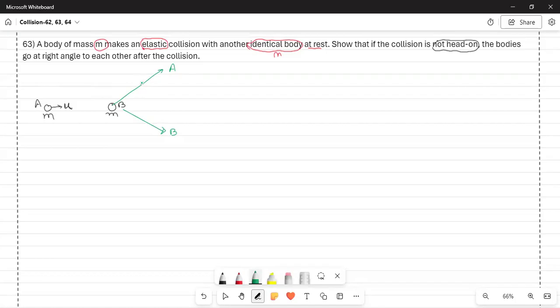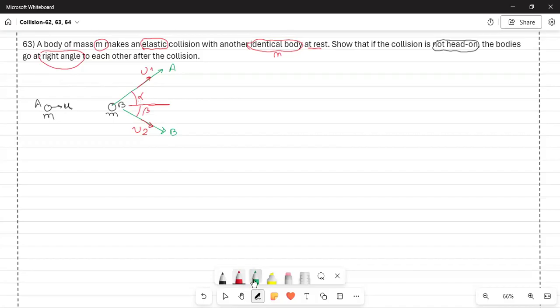Let us say this velocity is V1 and this velocity is V2, and let us say this angle is alpha and this angle is beta. The question is to establish that they go at right angle to each other. That means alpha plus beta has to be 90 degrees.